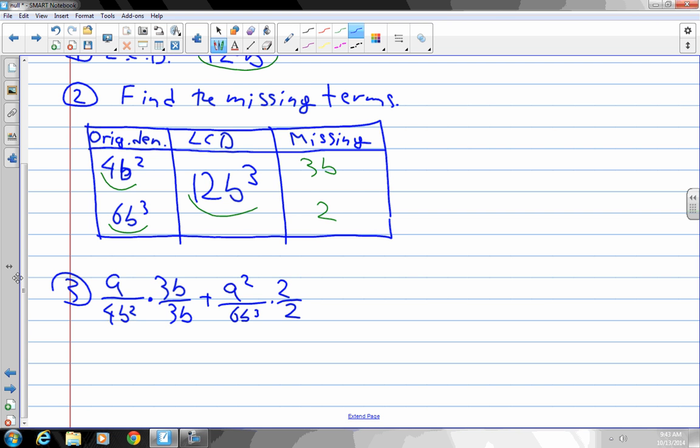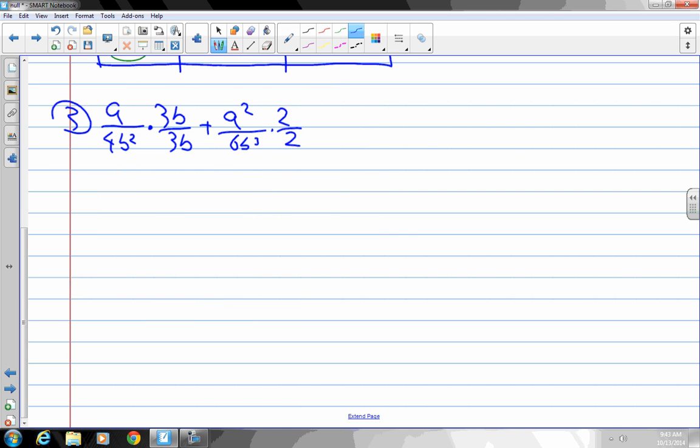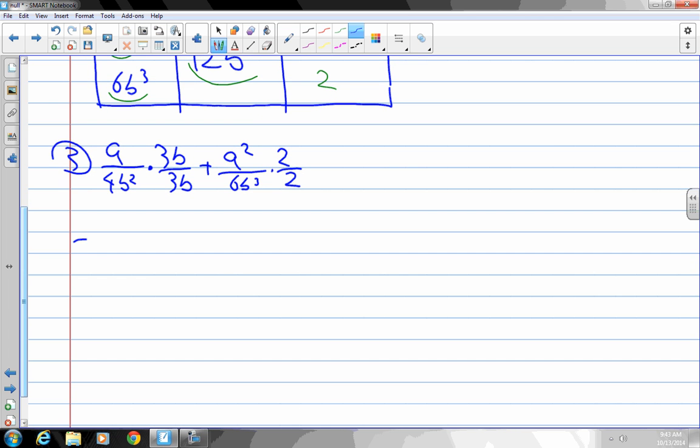You find the least common denominator, then you multiply both top and the bottom by whatever's missing. So now we have same denominators, 3ab over 12b cubed plus 2a squared over 12b cubed. So denominators, we already dealt with that.